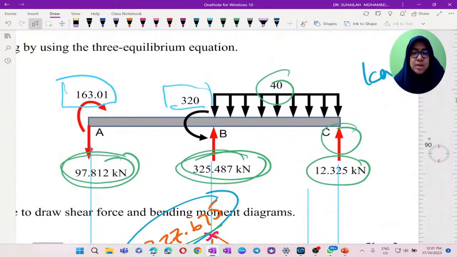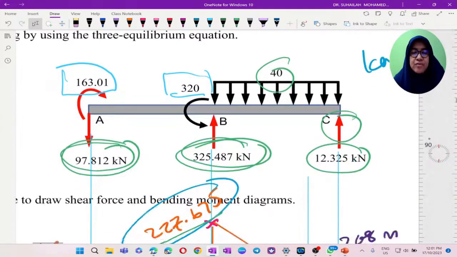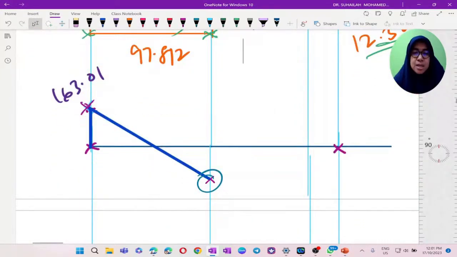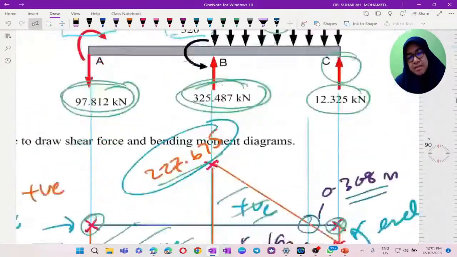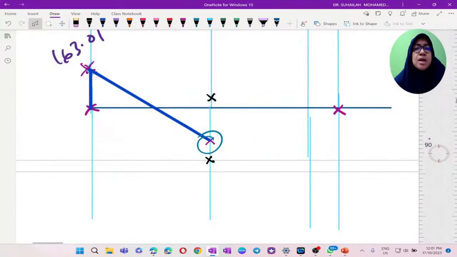Okay, and then this 320, because there is a value here, we have to consider. So the value is going to be somewhere here or somewhere here. If it is negative, right? Negative, maybe near the bottom.